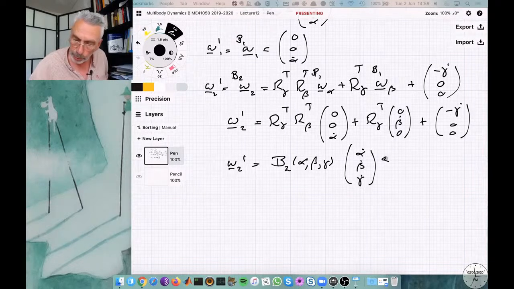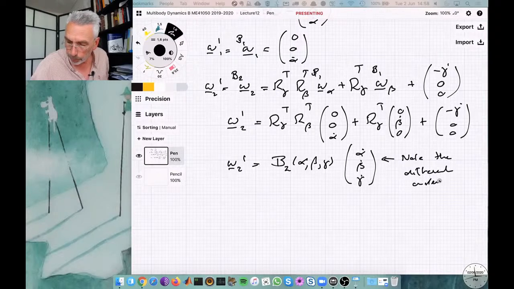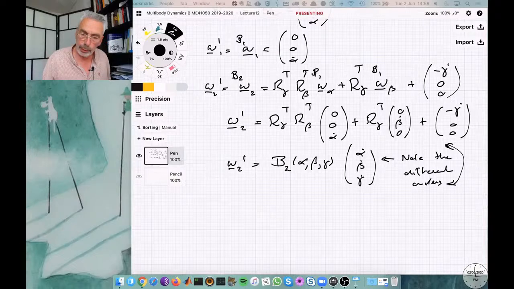And note the different orders between those and this guy. Because again, these time derivatives are no vectors, and this is a real vector, this is also a vector, but this is just an ordered set of our components, right?